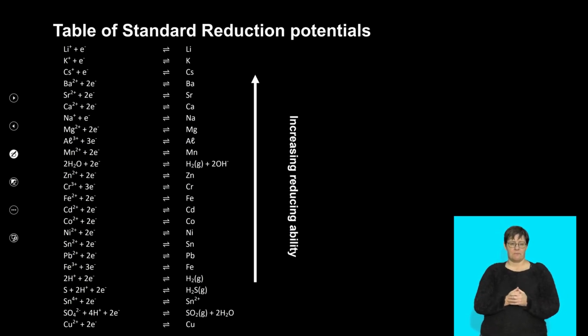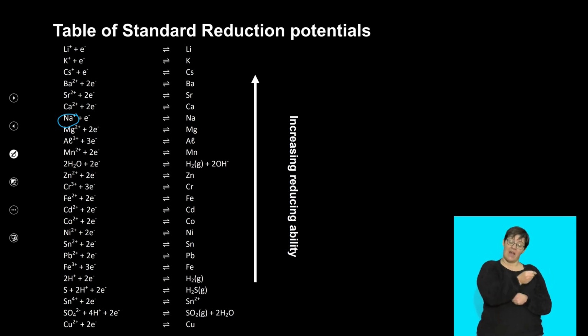So if we go to our standard reduction potentials, we are going to need to be looking for one of those ions or materials. Starting at the top, we'll say, there's sodium. Do we have sodium? No, we have sodium ions. So we can't use that sodium. Do we have hydrogen? No, we don't. Hydrogen is one of the products.